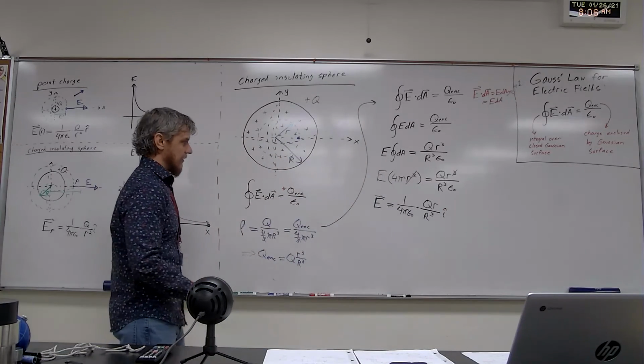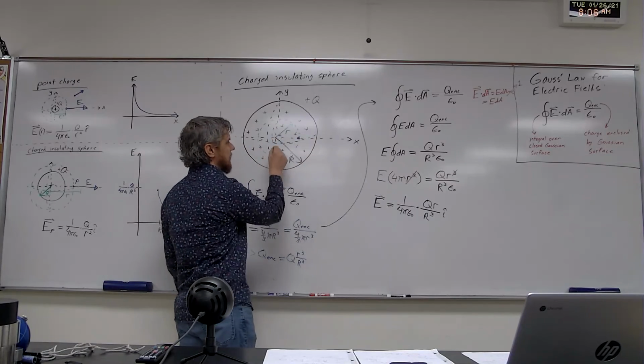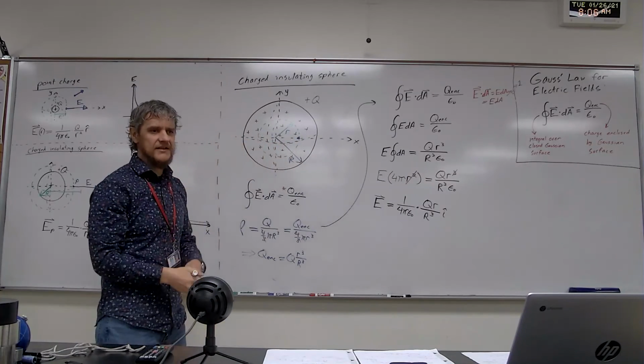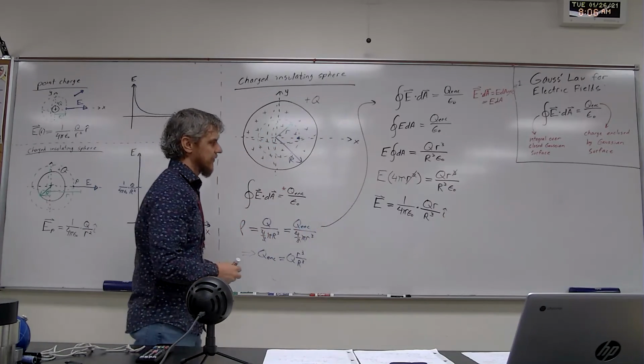How would I plot this, though? Remember, what varies here as we go from the center to the radius of the insulating sphere is little r. That's the distance from the center of the charge to the point that we're interested in when it comes to the electric field.